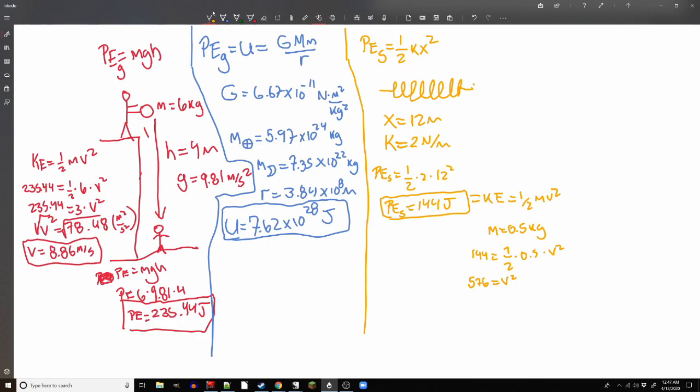Okay, so then square root of 576, which is not a perfect square. So this is not going to be an easy one I can do in my head. Oh, no, it is a perfect square. I had no idea. I guess it's a perfect square times a perfect square, isn't it? It's 12 squared times 4, which is 2 squared.